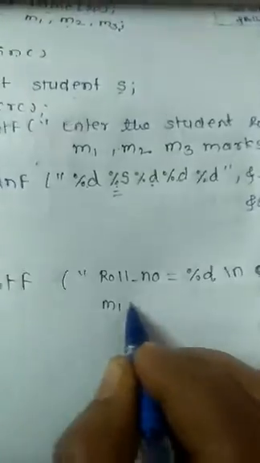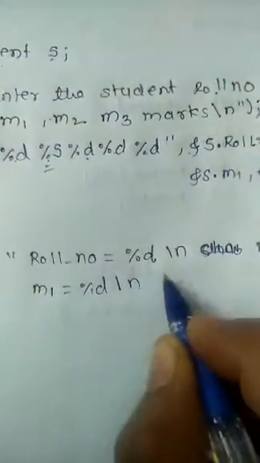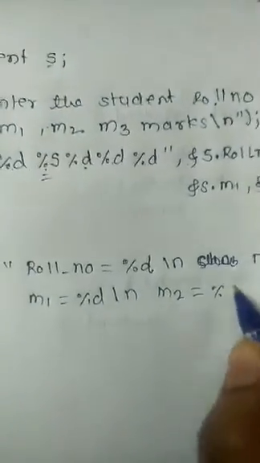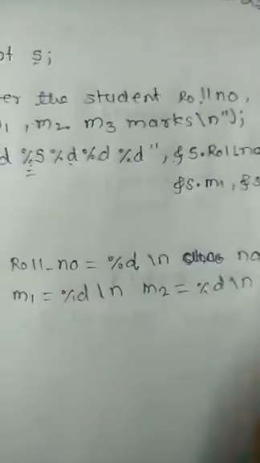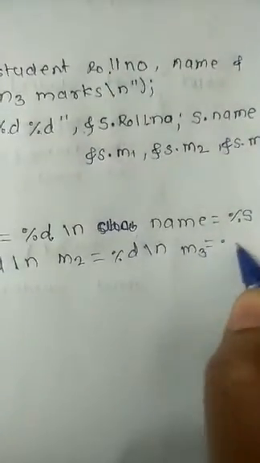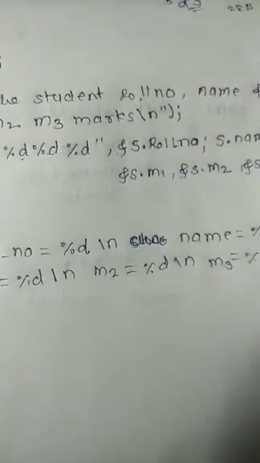Then I want M1 marks in the format specifier %d \n. Then M2 marks %d \n. Then M3 marks %d \n. Then you give a comma.